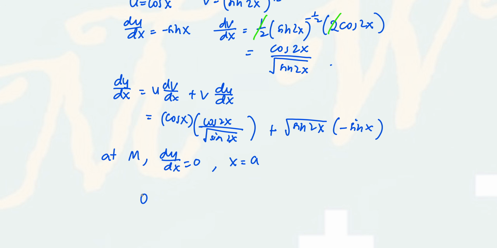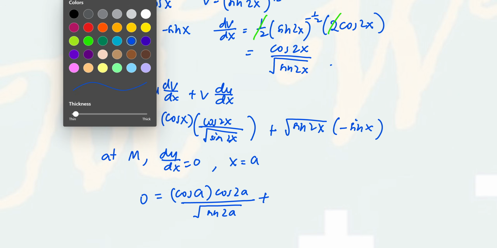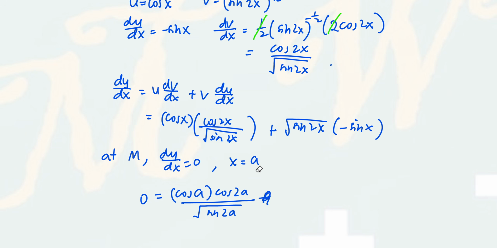So now replace: 0 is cos a, then cos 2a over square root sine 2a plus, or plus times minus is minus, so I will just write minus sine a, then square root sine 2a.